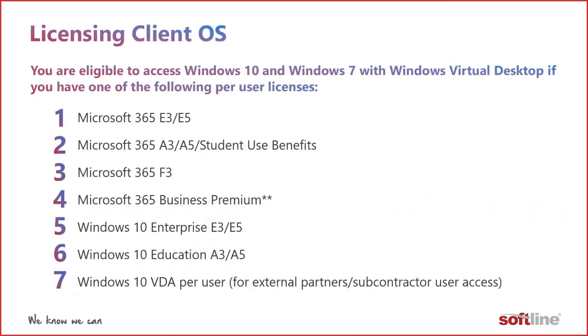Also, in case of client OS licensing, in case you have either one of these agreements or licenses, then you are eligible to connect to your Windows 10 or Windows 7 OS image session host machines in a Windows Virtual Desktop deployment. Also very important in terms of external users.